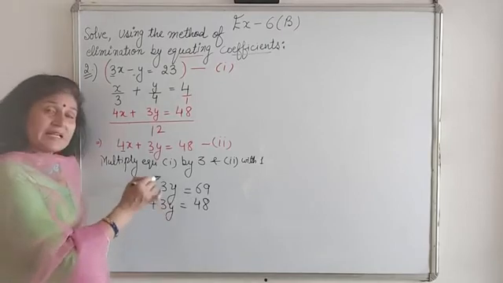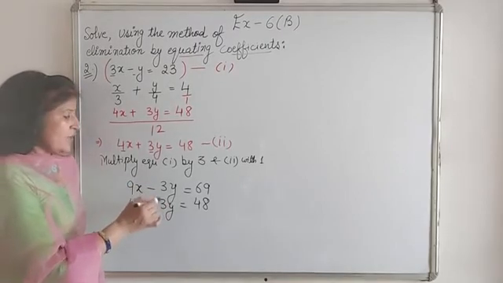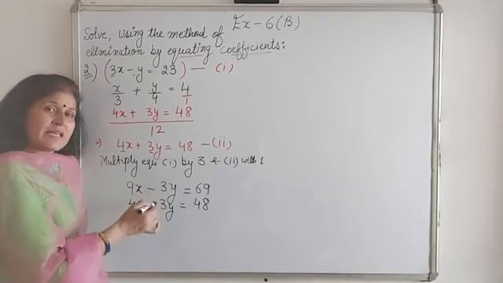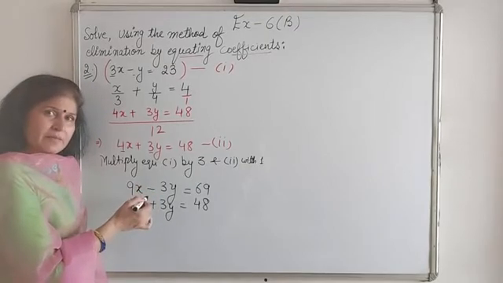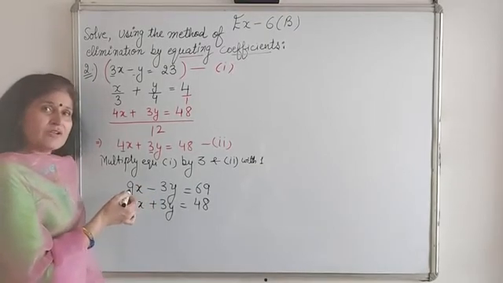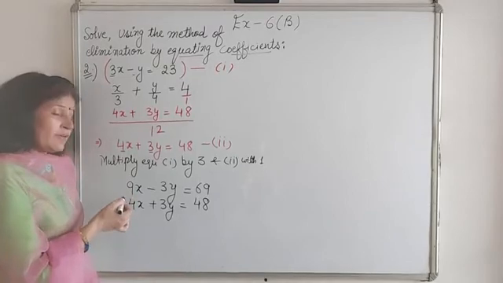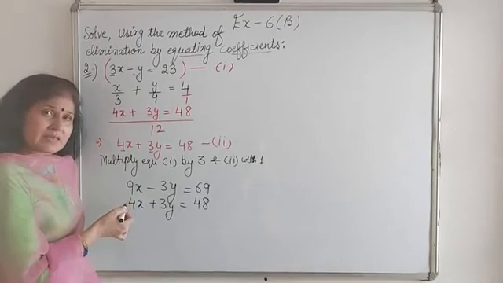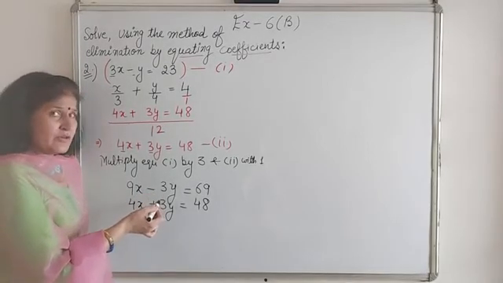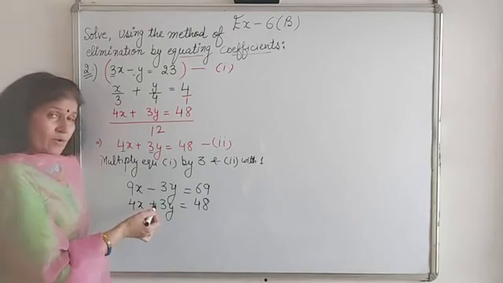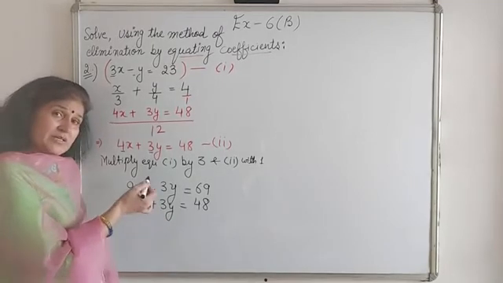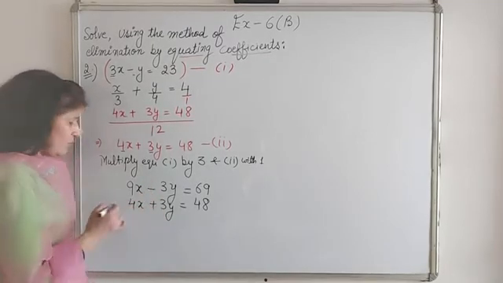We are eliminating y from here. That's why you have to see the sign which is in front of y. If you want to eliminate x, then you have to see the sign in front of the coefficient of x. Now here we are eliminating y. So positive, negative means one is in plus, one is in minus. What we will do? We add.